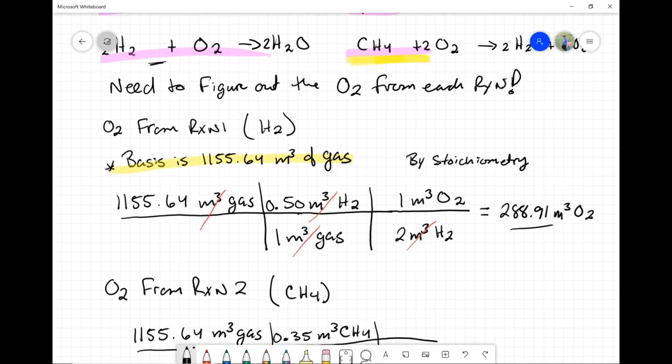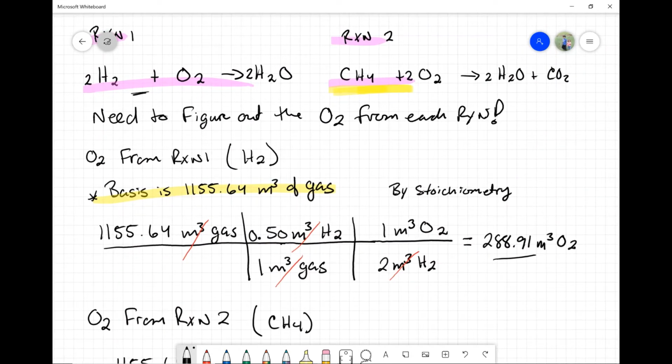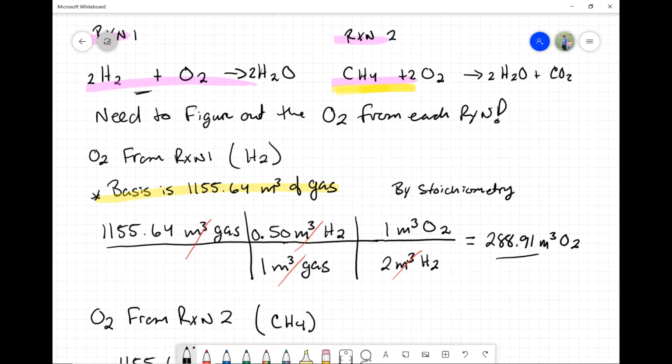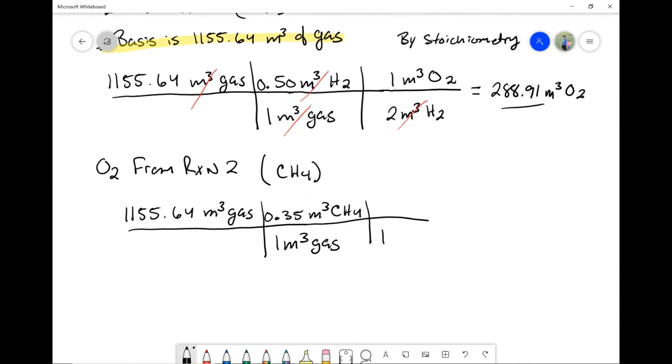And the stoichiometry of this equation is telling us that there's 1 cubic meter of CH4 for 2 cubic meters of O2.